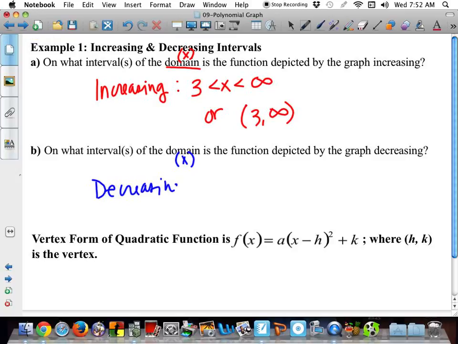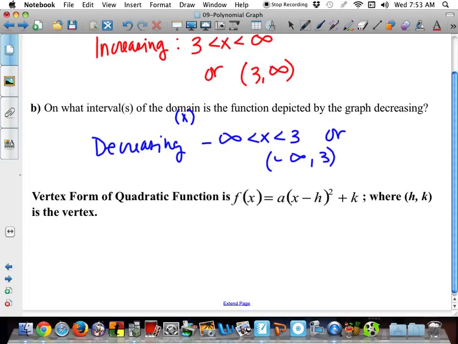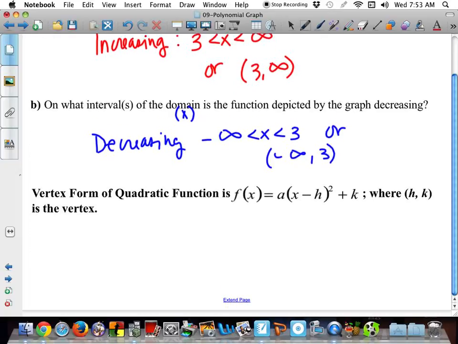All of my values of x start at negative infinity, less than x, less than 3, all the way to my vertex. This is, again, where it's decreasing. The other way that we can write it is negative infinity to 3.